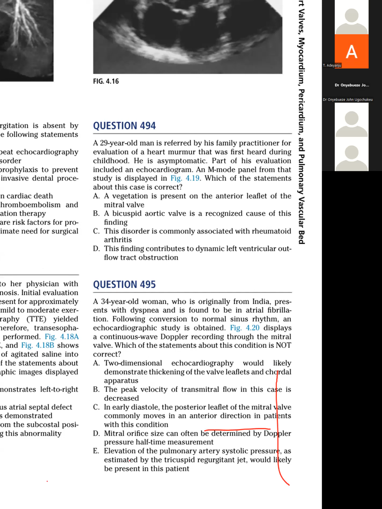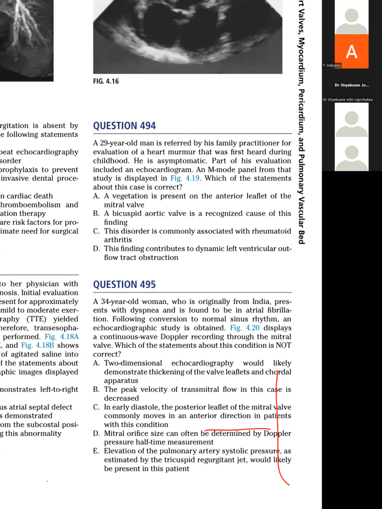So it says a 34-year-old woman who is originally from India presents with dyspnea and is found to be in atrial fibrillation. Following conversion to normal sinus rhythm, an echocardiographic study is obtained.